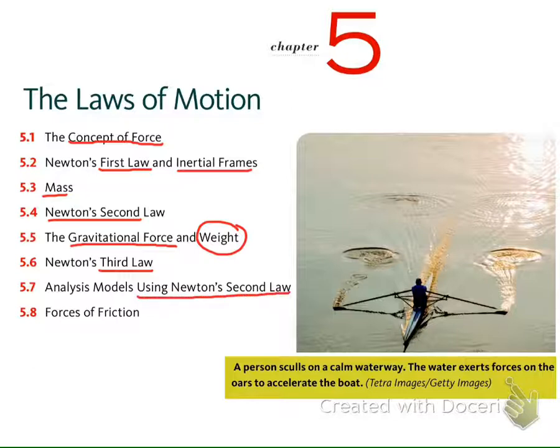And we will end this chapter by discussing the frictional force, the force that we experience in everyday life. Okay, so now let's start.